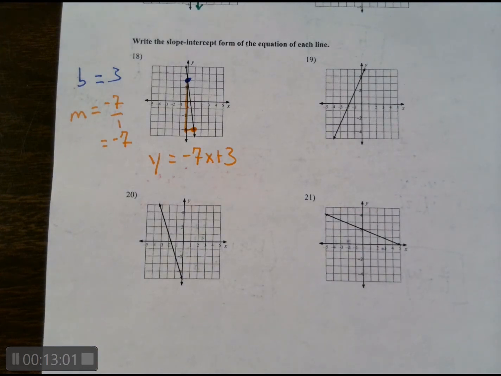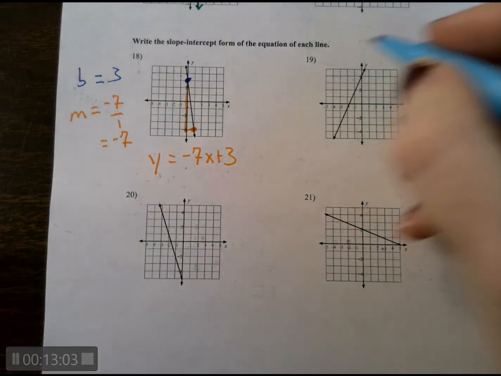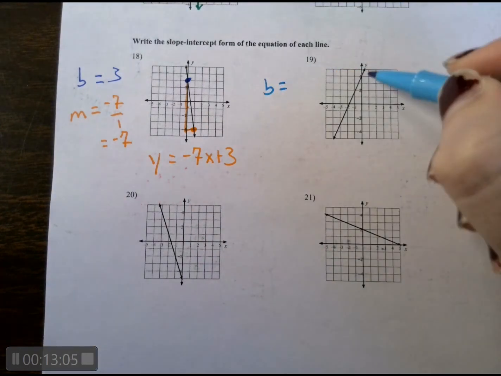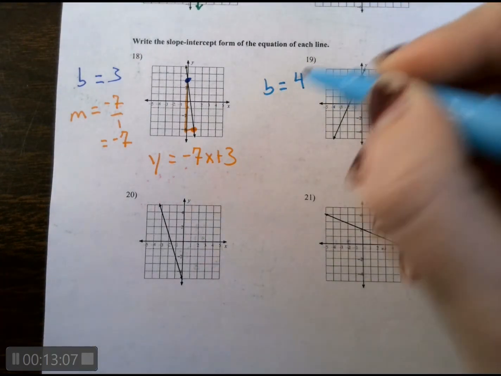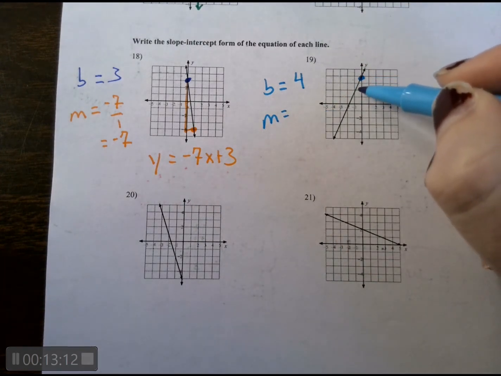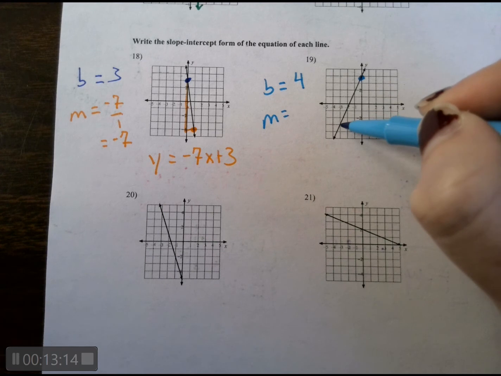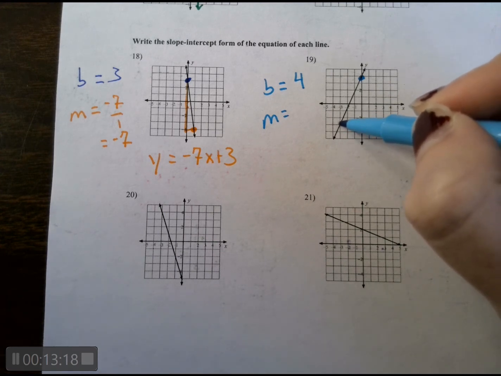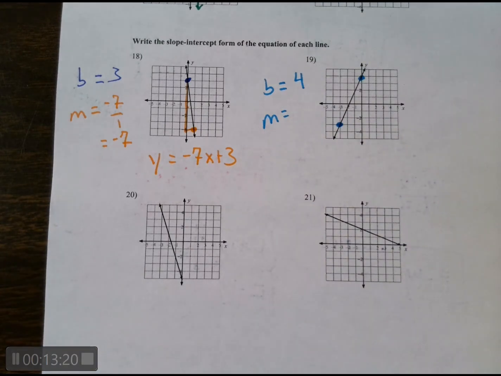All right. Let's try 19. So your B is 4. And then your slope, find another pretty point. Let me find a super pretty one. This is a super pretty one. Most obvious pretty one. So it doesn't have to be the next prettiest point.